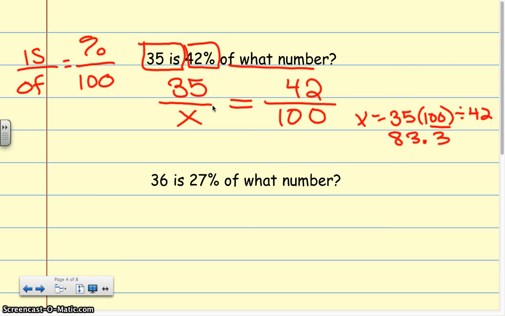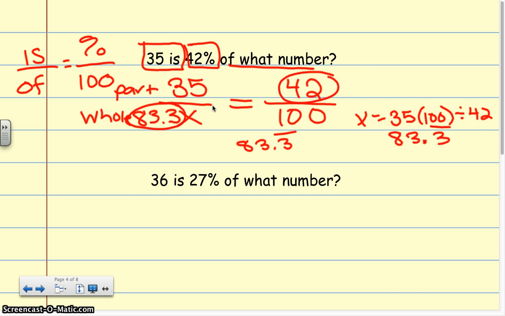So my x is 83.3. And I want you to really think about this. This again is part is to whole. So 35 is part of the whole, as 42 is part of the whole.